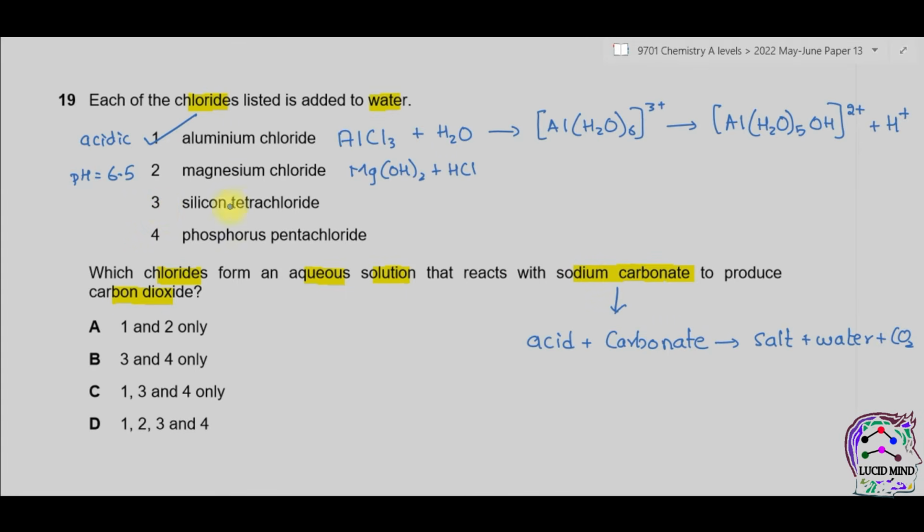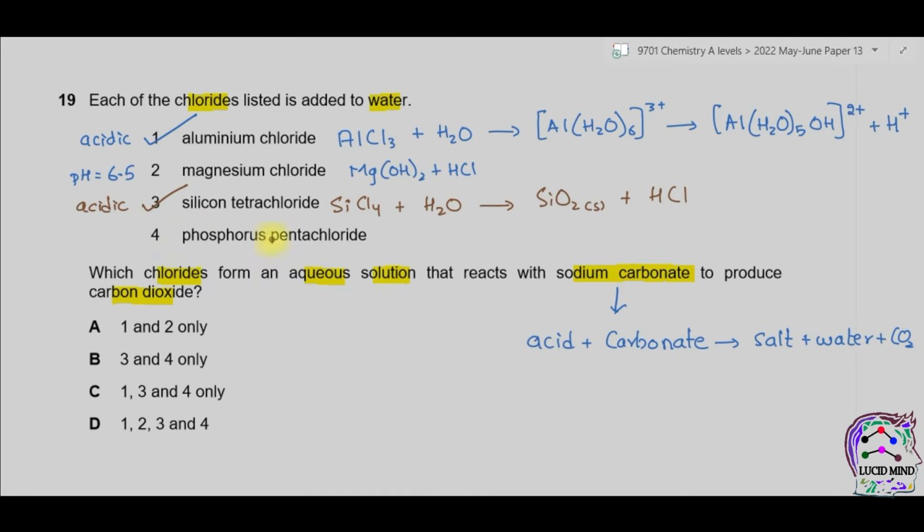Let's see the third one. We have silicon tetrachloride, SiCl4. When it is added to water, it forms silicon dioxide, which is solid, along with HCl, which can make the solution acidic. So again, this is acidic, so it will release CO2 from the carbonate.